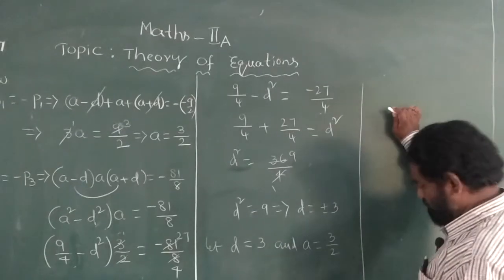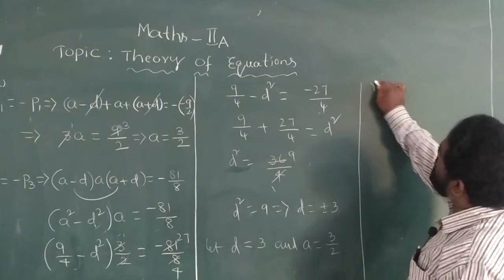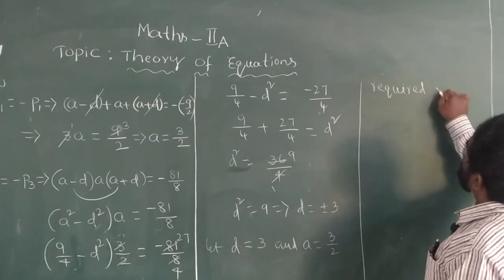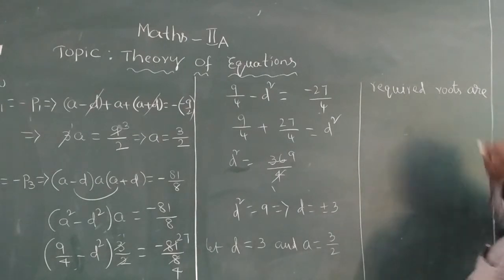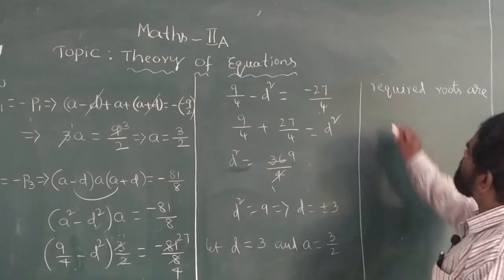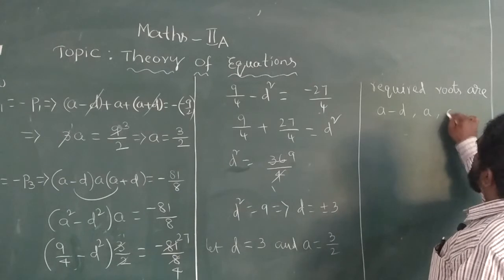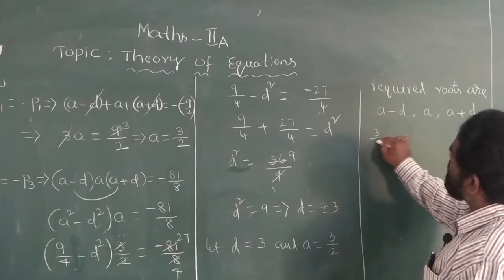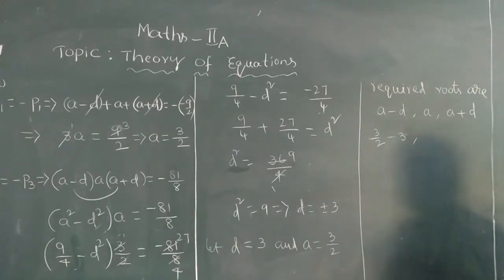So, required roots are, take any d equal to 3 or minus 3, no problem. a minus d, a, a plus d. Take a value 3 by 2, d value 3.